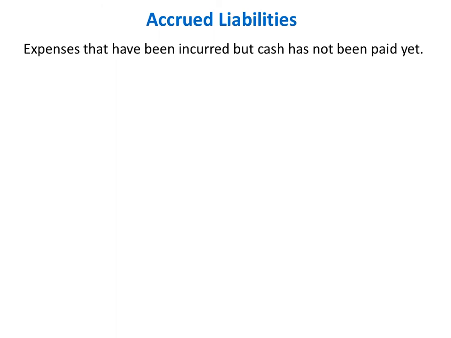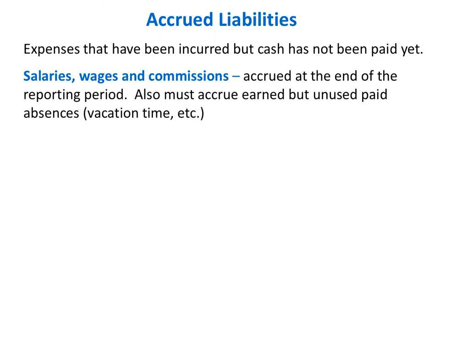All accrued liabilities will involve a debit to an expense and a credit to a payable. We're going to look at salary, wage, and commissions, the accruals that are done at the end of the reporting period for those employee compensation amounts that have been incurred but not yet paid.